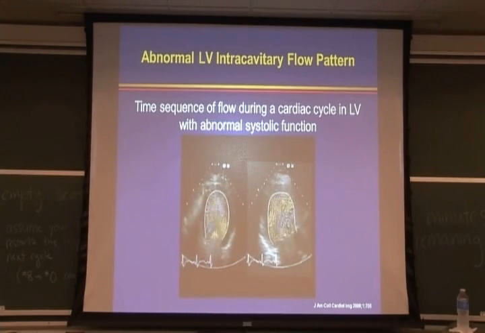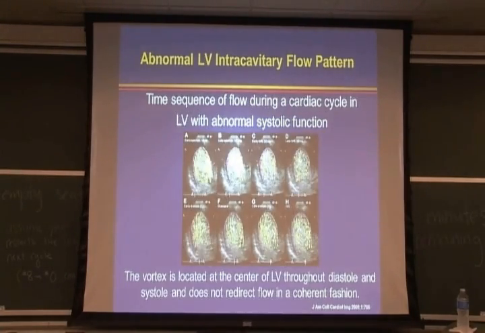And this is what we call dyssynchronous wall motion and mechanical sequence, which are abnormal, leading to abnormal wall motion and poor ejection. You can see in this image the vortices are just simply forming and staying inside the heart and they are not going out.